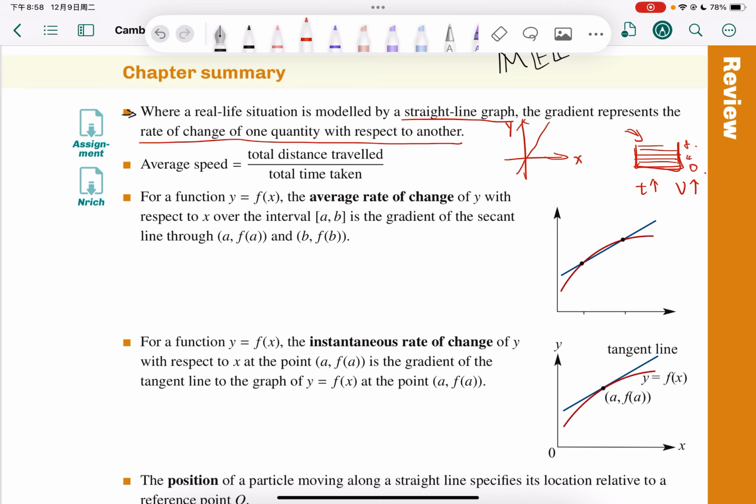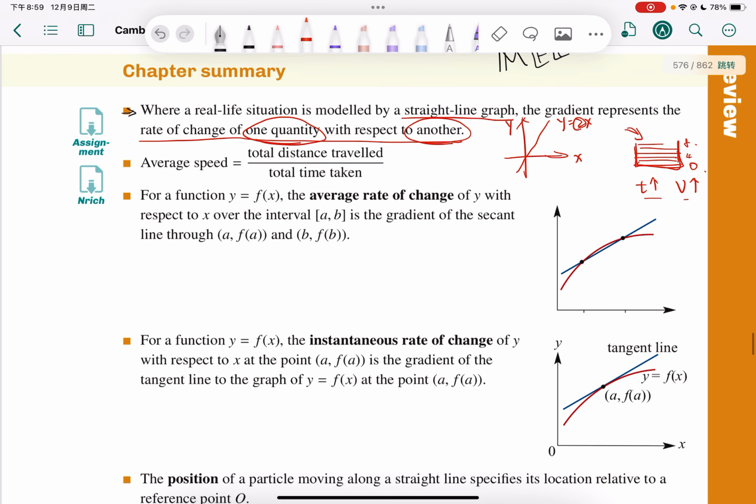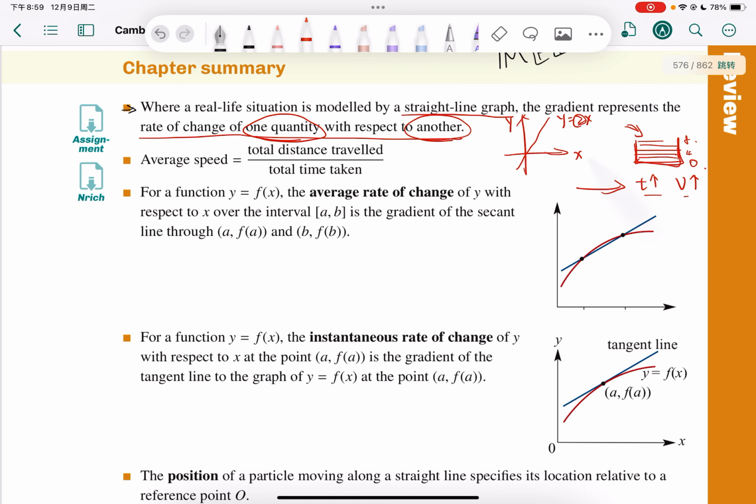So maybe it can be modeled by y equal to 2x, where the 2, which is the gradient, represents the change of volume of the water in the tank with respect to the time. So one quantity here means the volume in respect to another, which represents the time we're talking about. Or it can decrease, and some other situations.